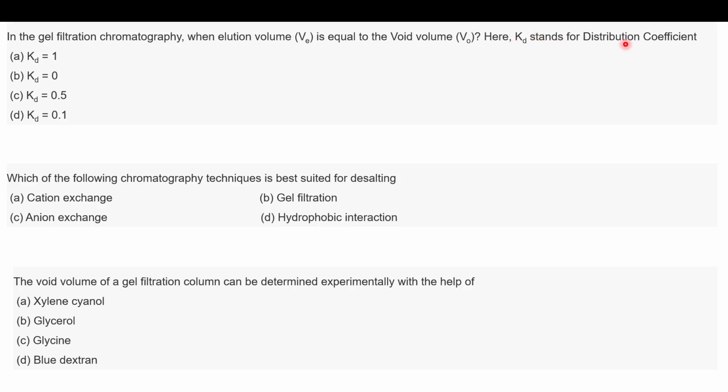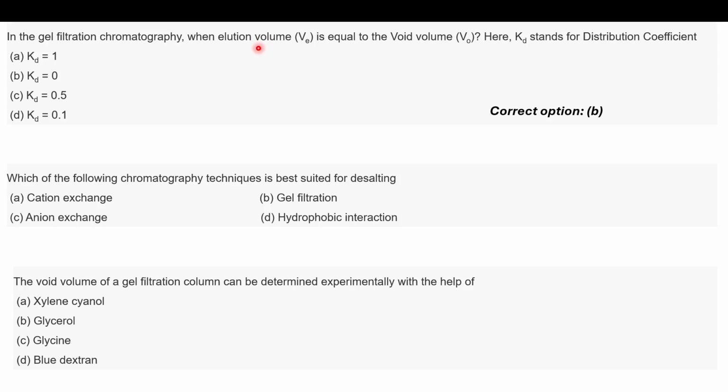Okay. Now, in gel filtration chromatography, when the elution volume is equal to the void volume, and KD stands for the distribution coefficient, what will be the value of KD? If we simply go by the formula, it is VE minus V0 divided by VI.